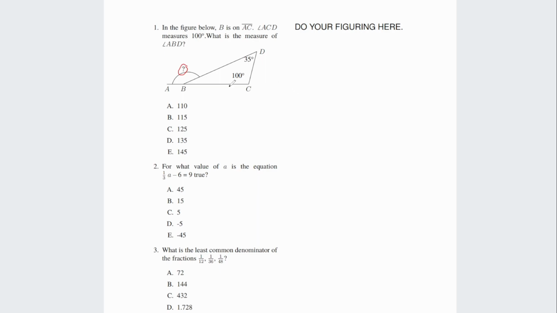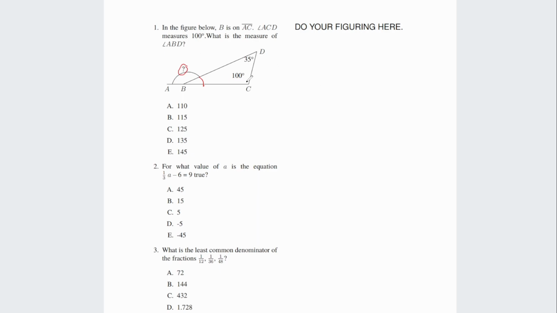And we know that this angle ABD plus DBC will be 180 degrees. So we need to find this angle and subtract this angle measure from 180, and we will find this angle measure ABD.